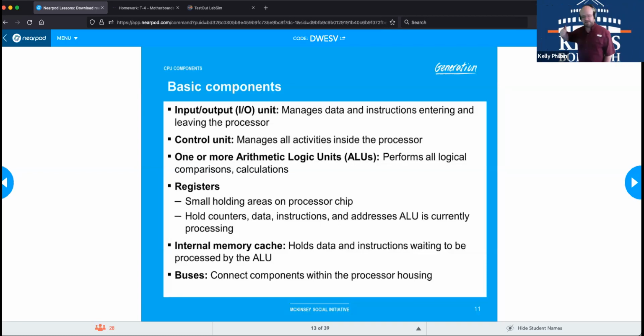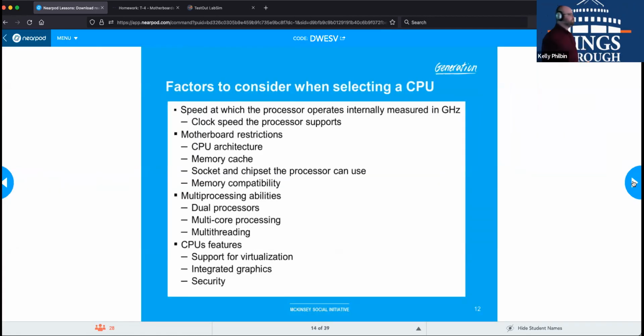Let's get the basic definitions out of the way. All right, so some factors to consider when selecting a CPU.